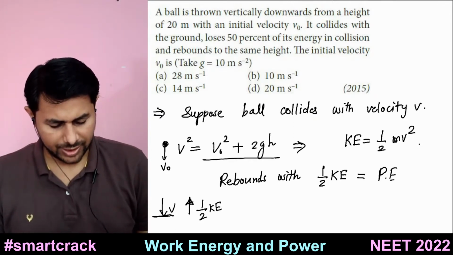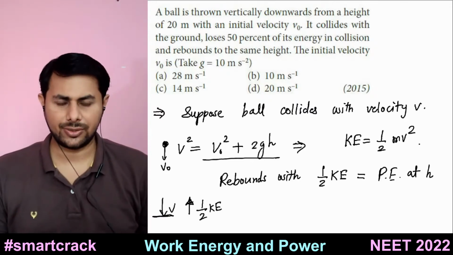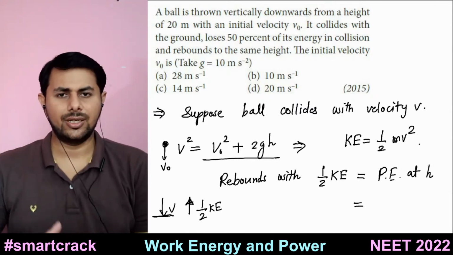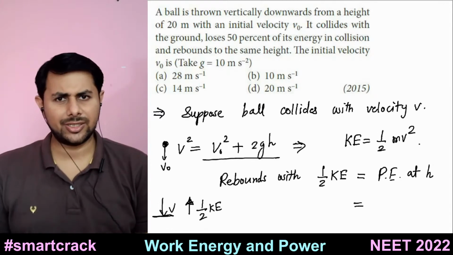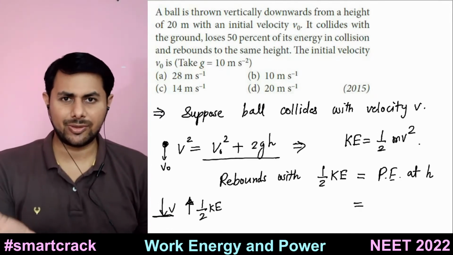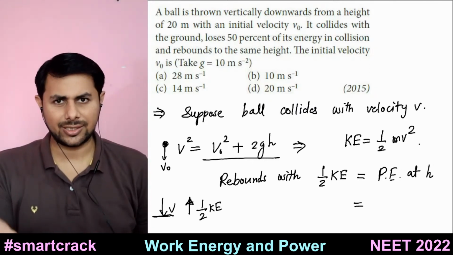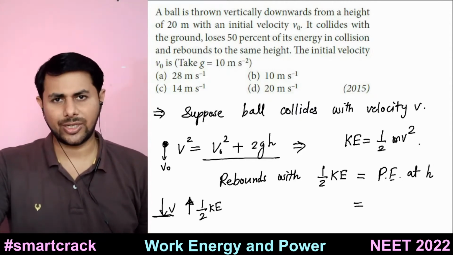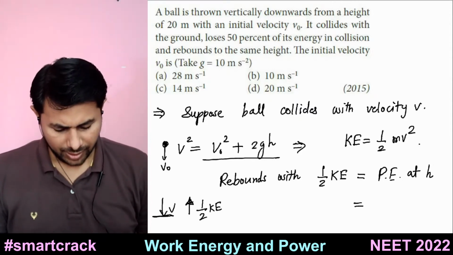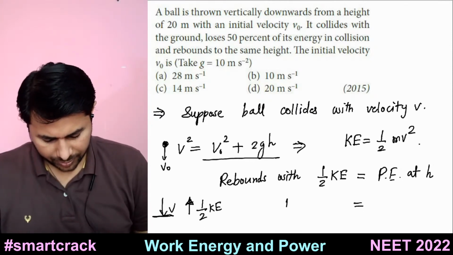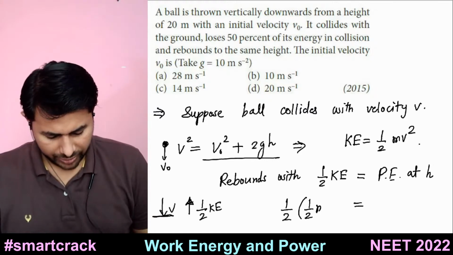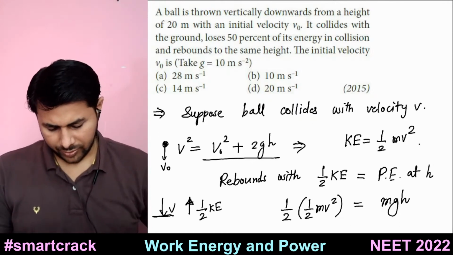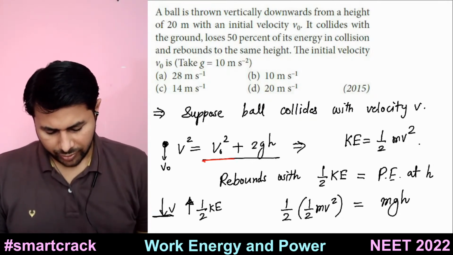So half of half of mv square equals mgh, that you can write, and then we have v square equals v naught square plus 2gh.